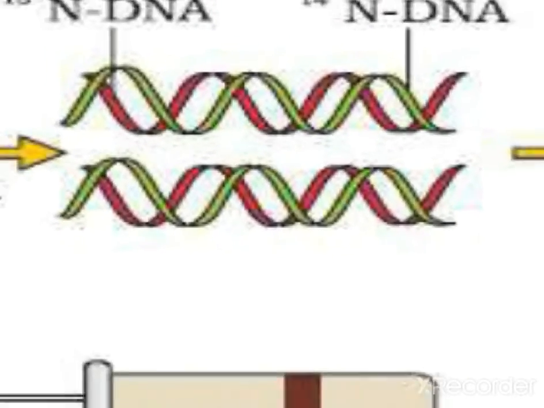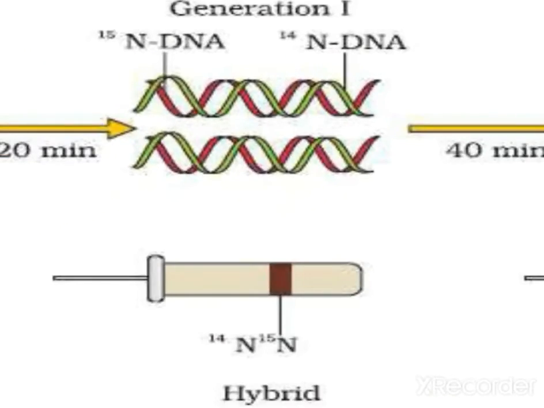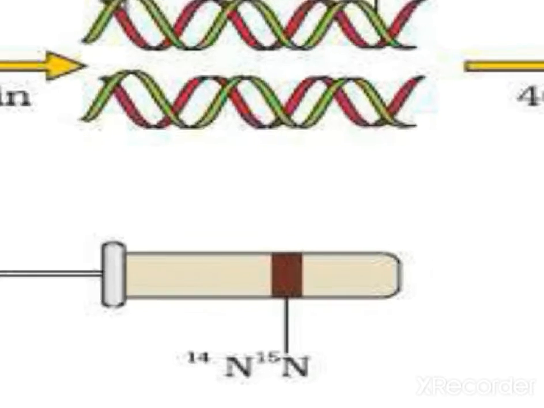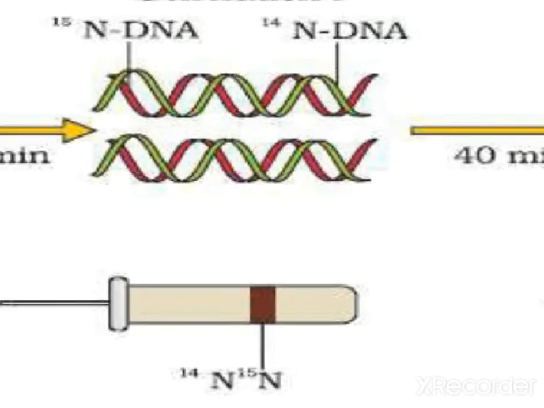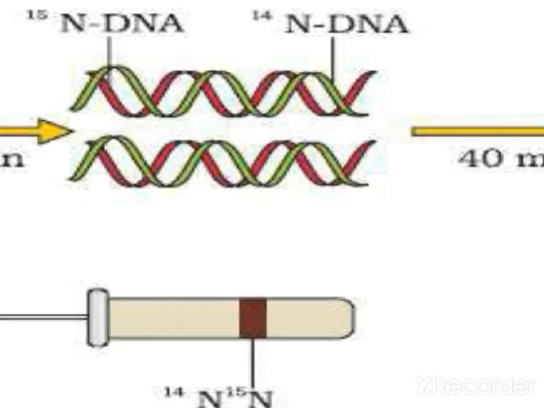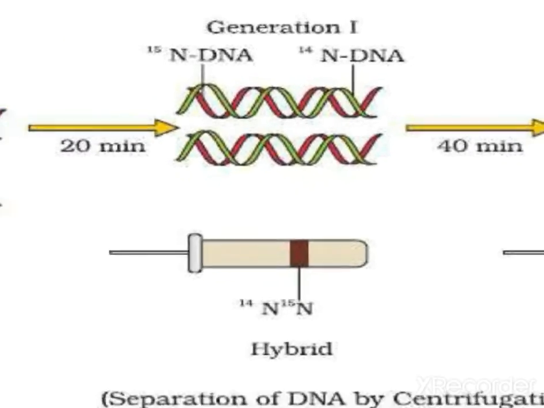As we have shifted the E. coli to N14 medium, the newly formed strand takes the nitrogenous bases from the medium, so it will be light. It is the hybrid, having half N15 DNA and half N14 DNA.